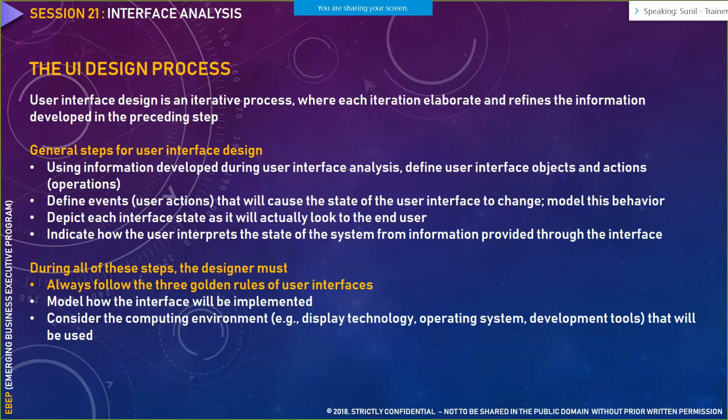So here in the user interface design process, you design all your user interface, the objects, the actions, the operation, the end users' needs, their look and feel of the interface, how the user would be interacting with those systems. Basis on the golden rules that I explained, you have to evaluate the design, whether the design conforms to all those parameters or not.